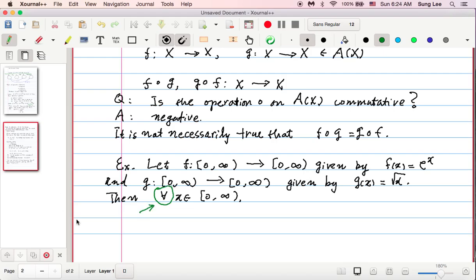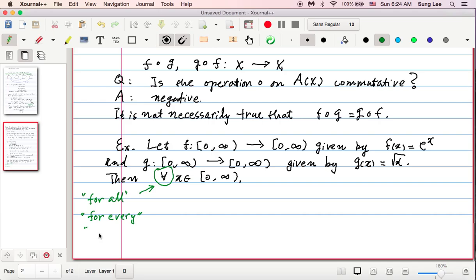What this means depends on the context. It has different nuances. It could mean for all, for every, for each, or for any.